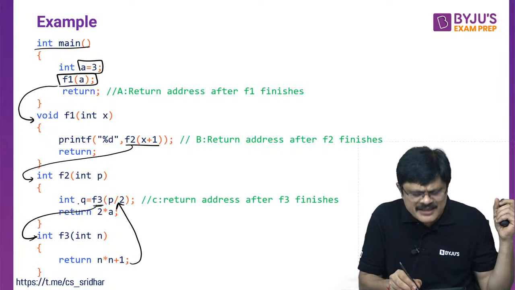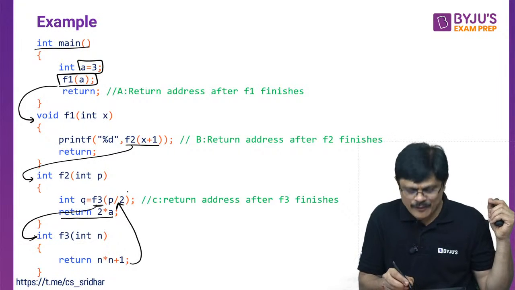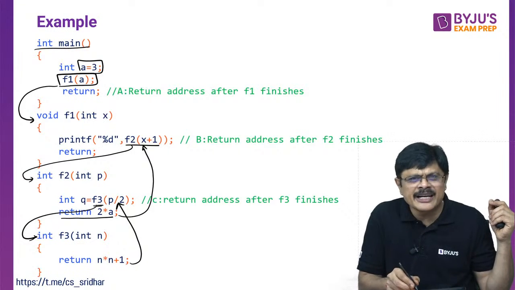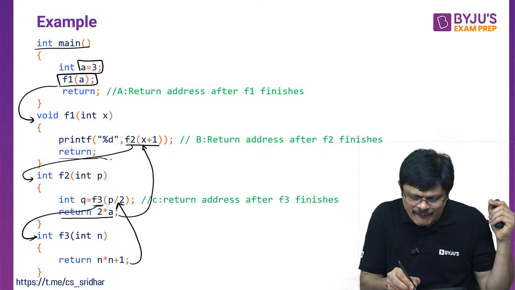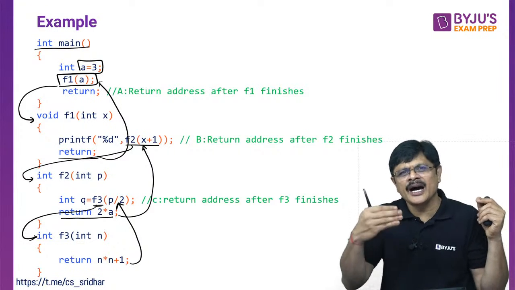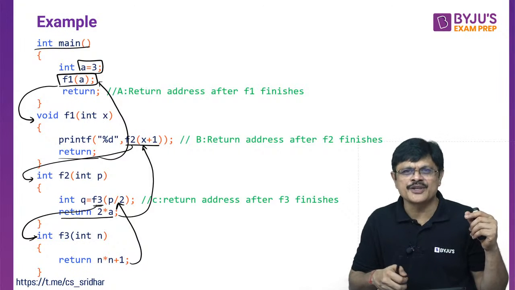Am I clear? Then this particular assignment will happen. Then you are doing return. Once return is happening, it moves back here, because here the printing will happen, then return will happen. Once the return is seen, you move back here, then the remaining statements are executed in sequential manner, my dear friends. So this is how the execution happens.